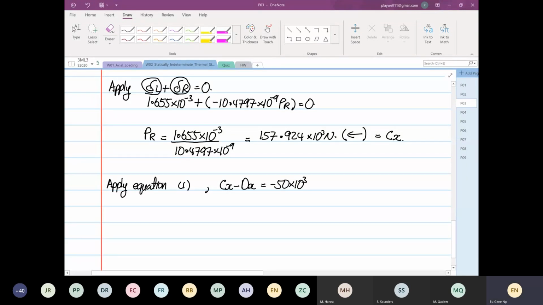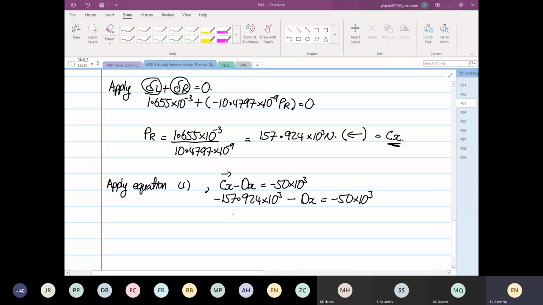So when we form this equation, CX is going towards the what? Right-hand side, yes or no, right? So for this case, we know that CX is going towards the left-hand side. So we are going to put in minus 157.924 times 10 to the power 3 minus DX is equal to minus 50 times 10 to the power 3.